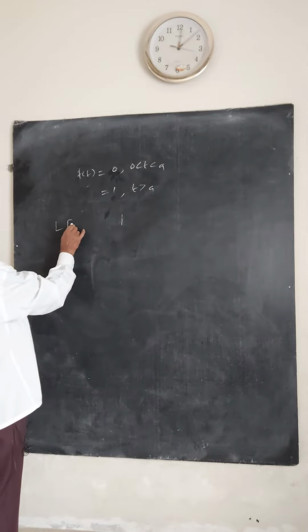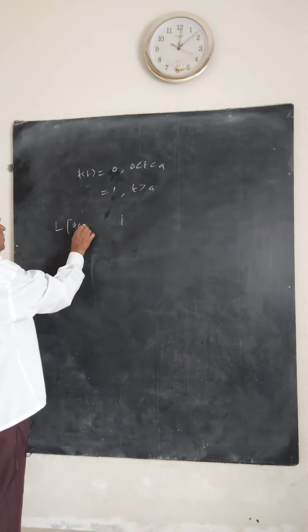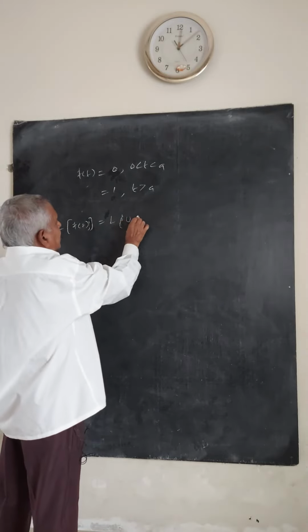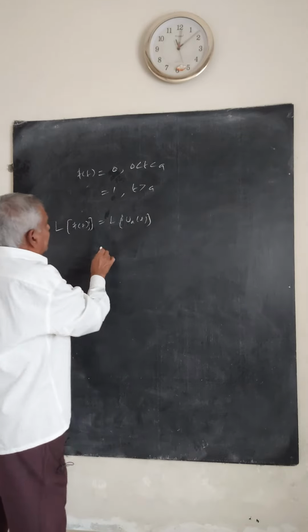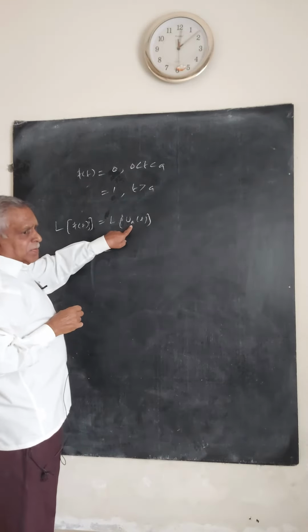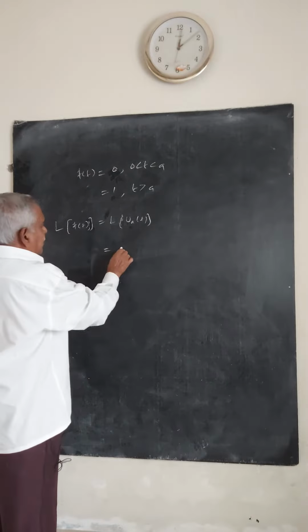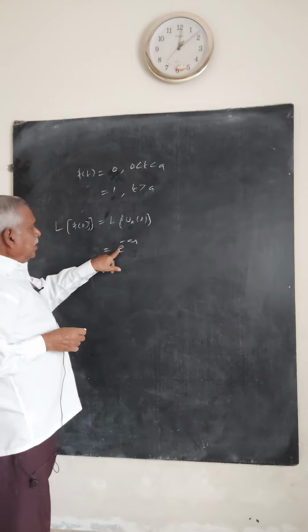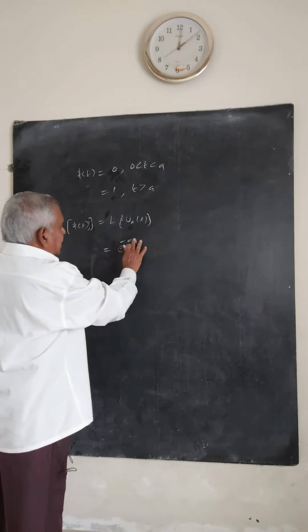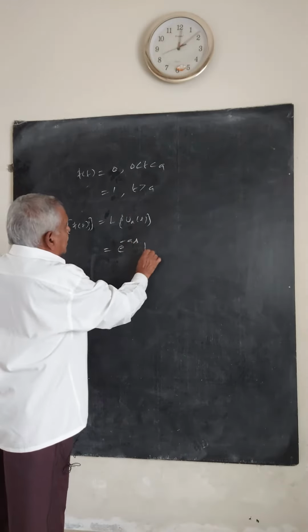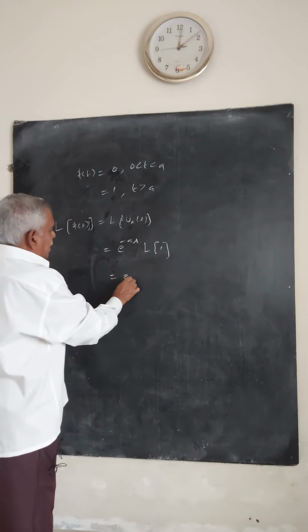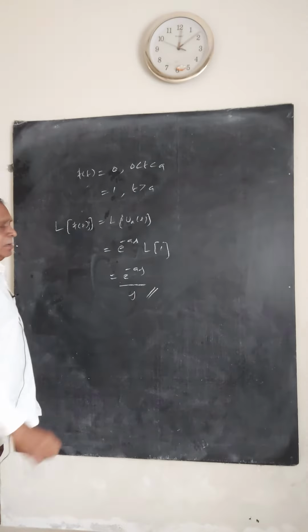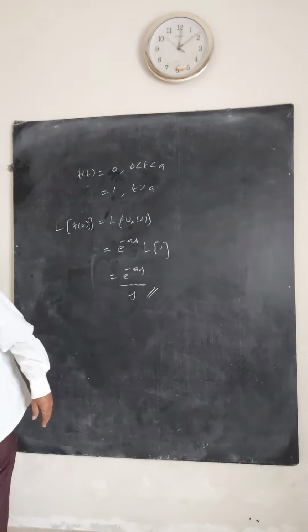Therefore, L of f(t) or L of u_a(t): here a is the suffix. We have to take e^(-as) for all such sums, whatever the suffix is, as a negative exponential power of s, into L of 1. Therefore, e^(-as) by L of 1 is what we have done.